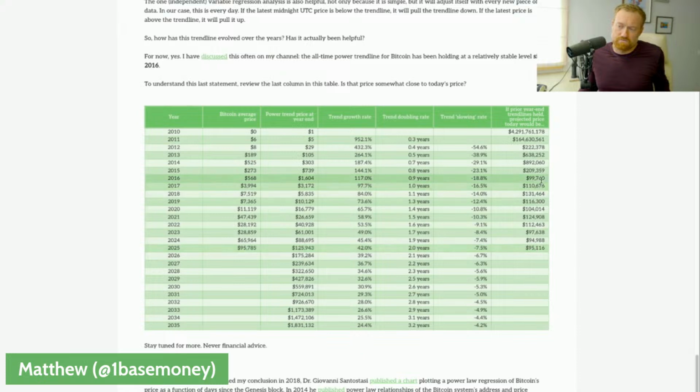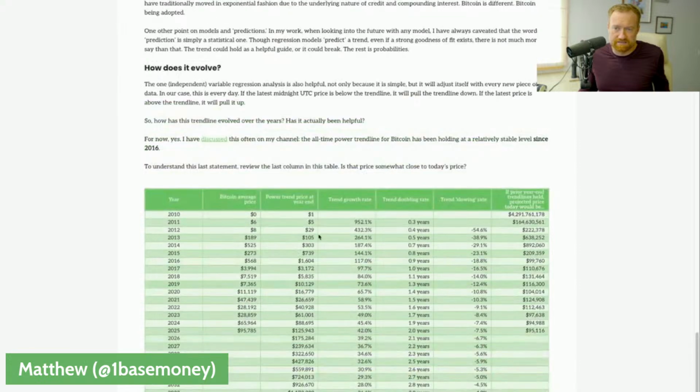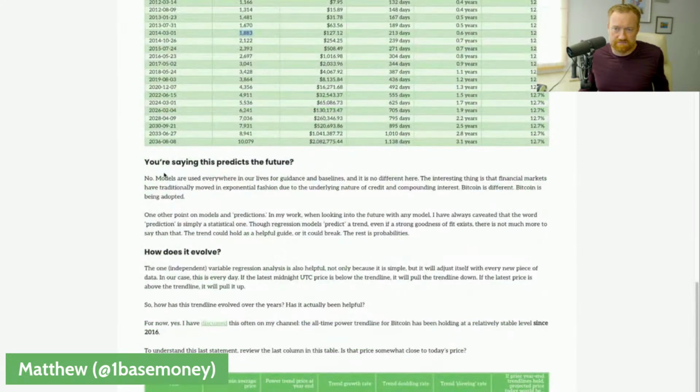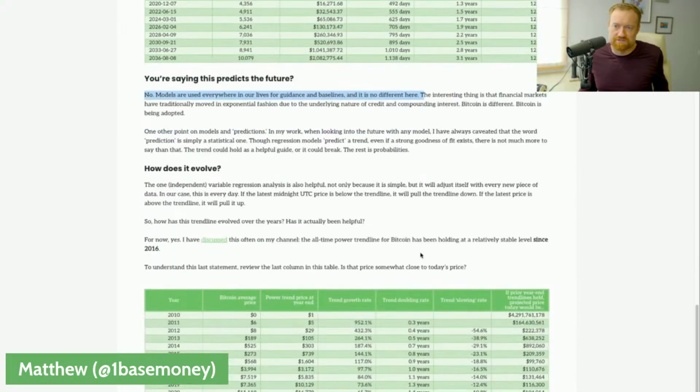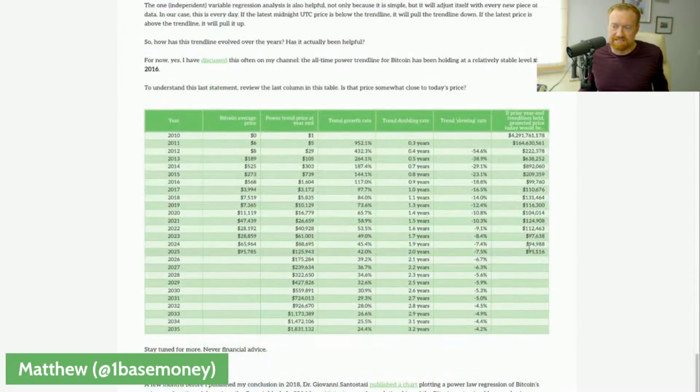So no one knows, obviously, if this will break in the future. But as I say, we're just using this as a baseline. I'm not saying I know the future. No one knows the future. It could break. But this is guidance to see what the adoption of Bitcoin could look like.